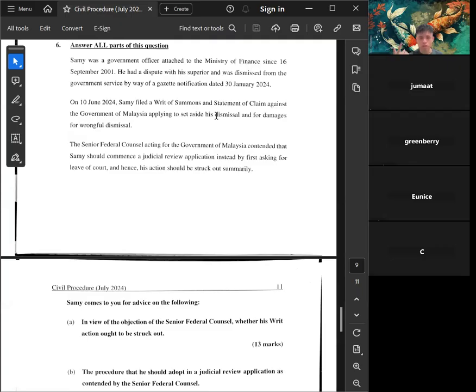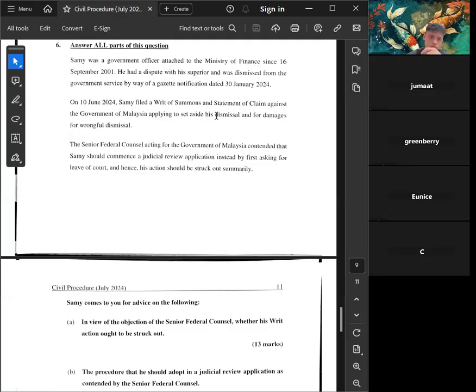But apparently, this has nothing to do with negligence and is purely a decision made by the particular government body. So this should be done by way of judicial review, because judicial review can be explained as applying to any person who is adversely affected by a decision made by a public authority.